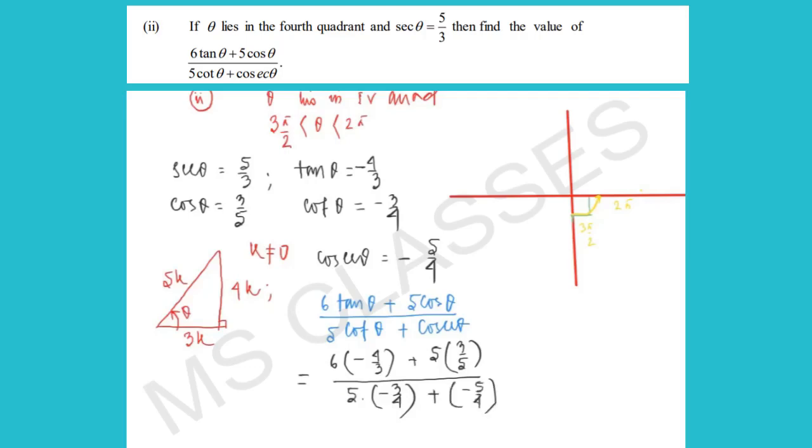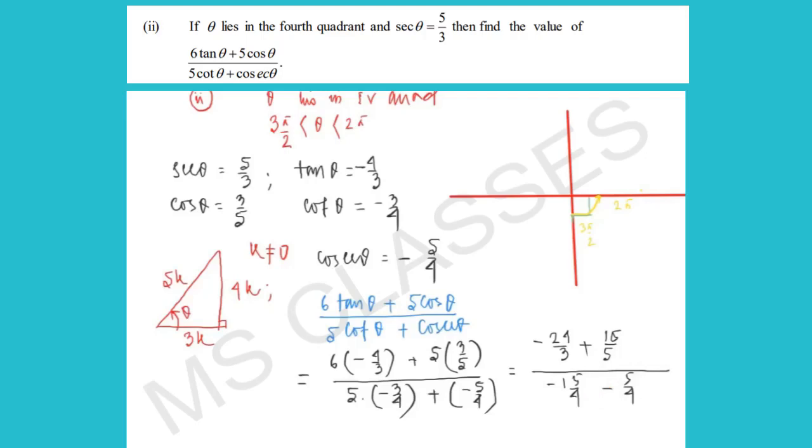Now calculate. So this is minus 24 by 3 plus 15 by 4, minus 15 by 4 minus 5 by 4. So this will give us what? Minus 20 by 4, that is 5.